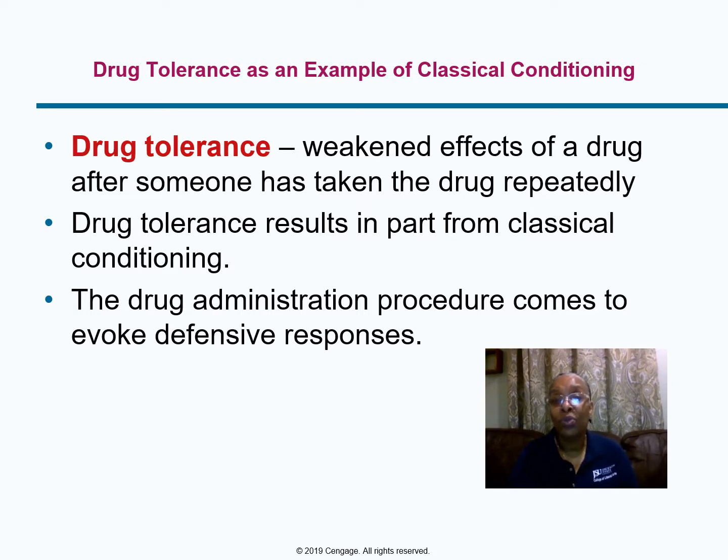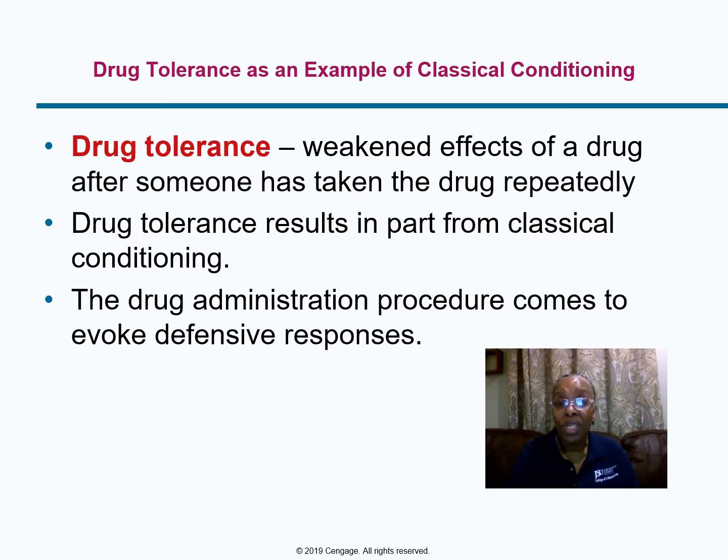When drug users inject themselves with morphine or heroin, the drug injection procedure can be a complex stimulus because it includes time and place as well as the needle injection. So the total stimulus predicts a second stimulus, and that's going to be the drug's entry into our brains.